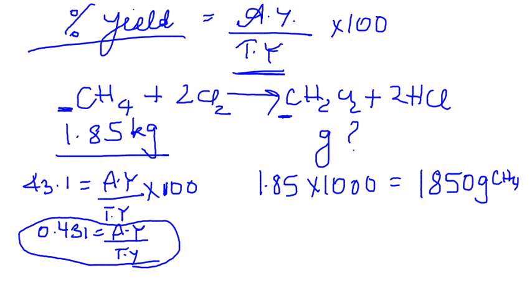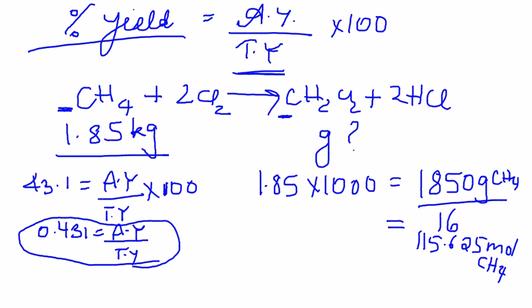And if the molar mass of this is 16, if you divide this by 16, you would be able to look at the moles of methane that are available. So let's go ahead and do that. 1850 divided by 16 gives you 115.625. Those are the moles of methane that are available.